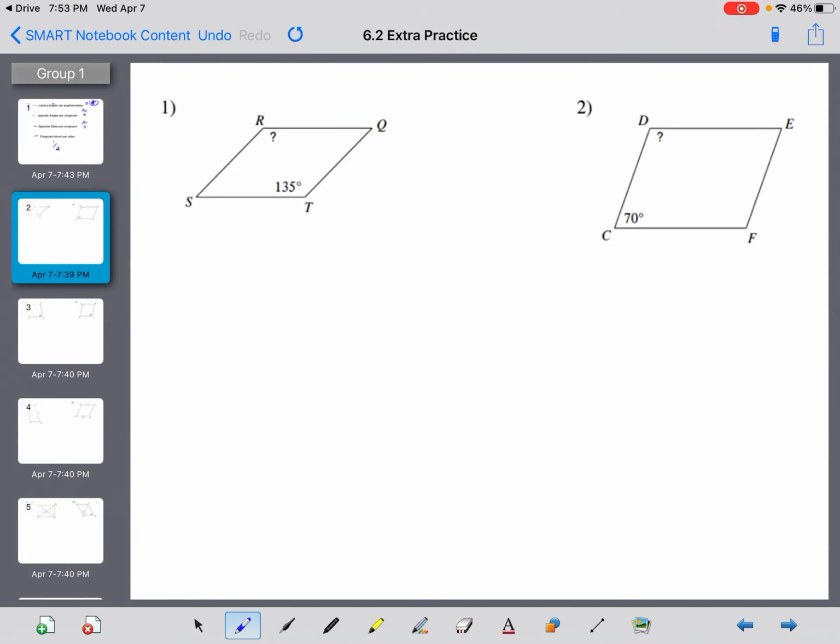For number one, you have angle R with a question mark, and angle T being labeled as 135 degrees. Well, angle R and angle T are opposite each other, which means they're congruent. So angle R is equal to 135 degrees.